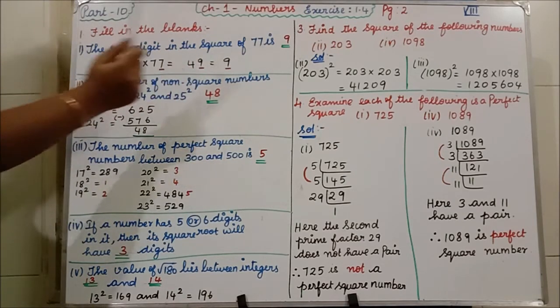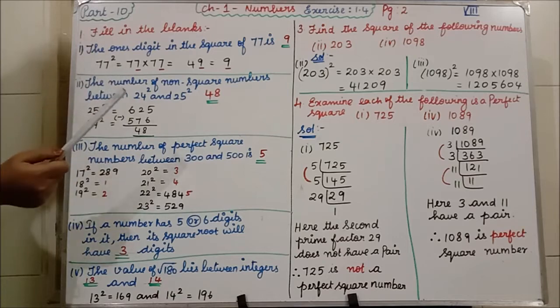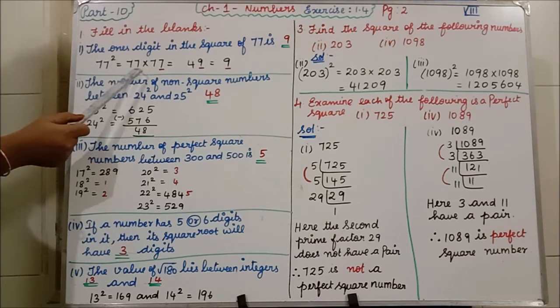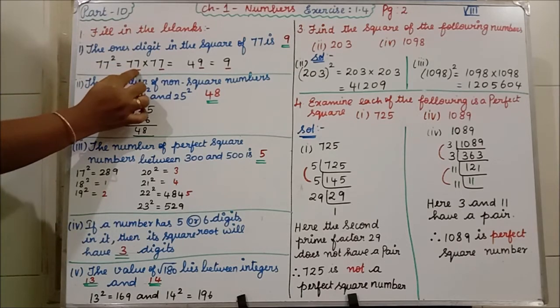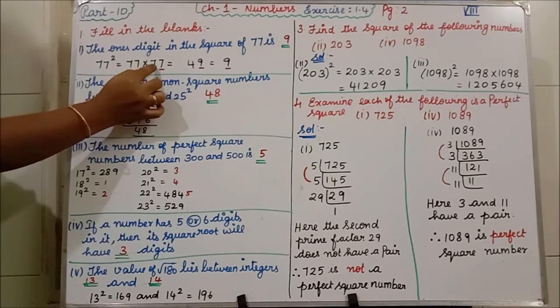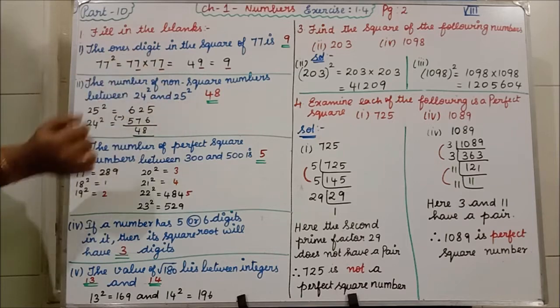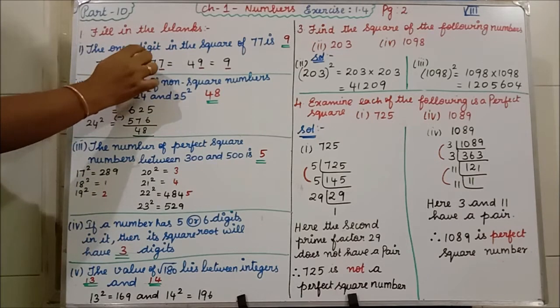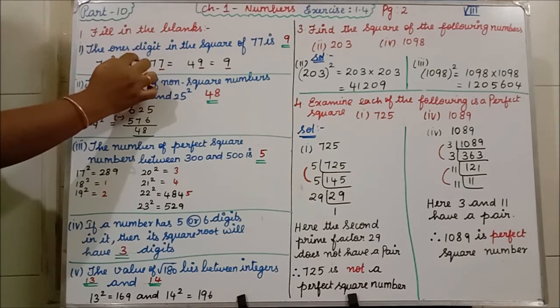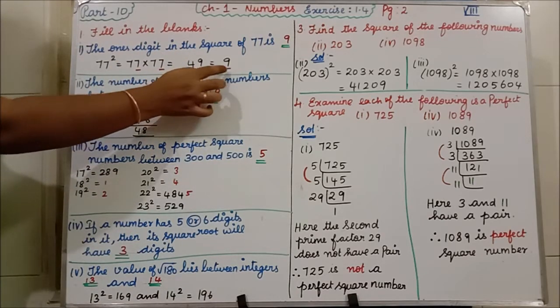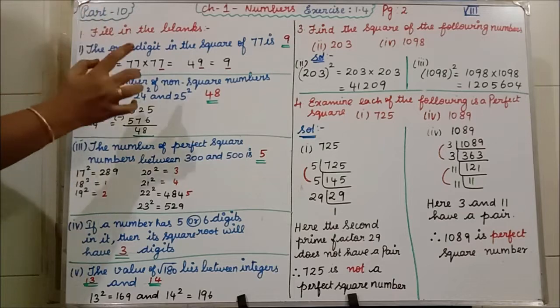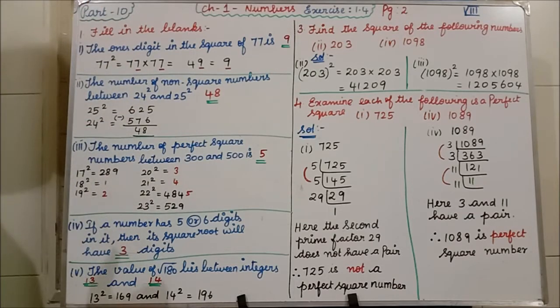77 square means 77 into 77. For this 77, the ones digit is what? This 7. So what if you multiply both the ones digits? 7 into 7 is 49. So what do we get in the ones digit? 9. So when you multiply 77 into 77, in the ones place we will get 9.